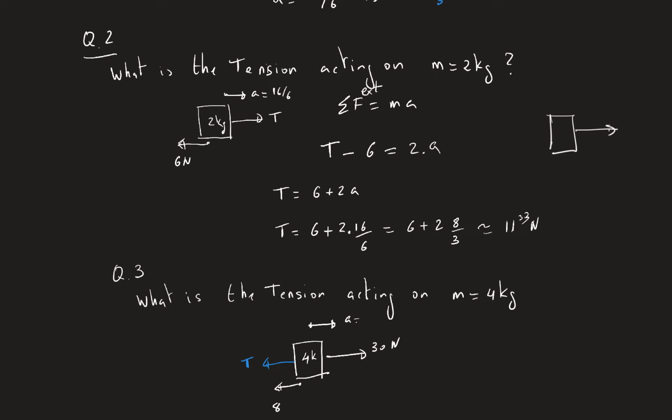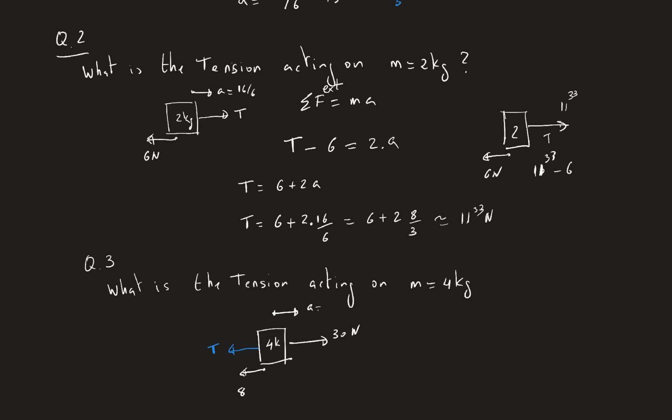One force is 11.33 newtons to the right, that is the tension, and the other force is 6 newtons to the left. And the sum, 11.33 minus 6, you can check, is equal to 2 times A, which is 2 multiplied by 16 divided by 6.